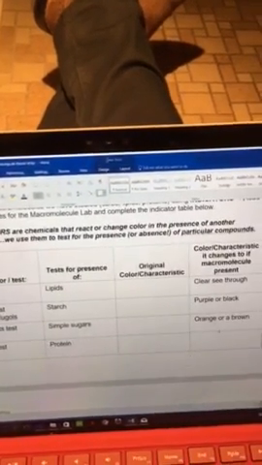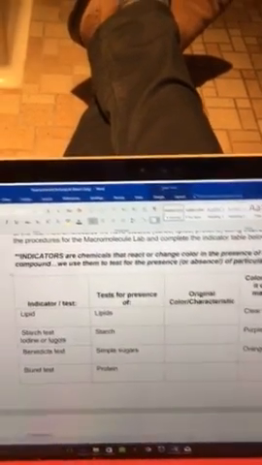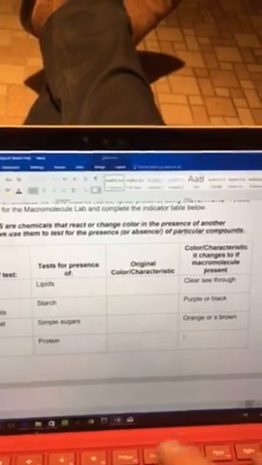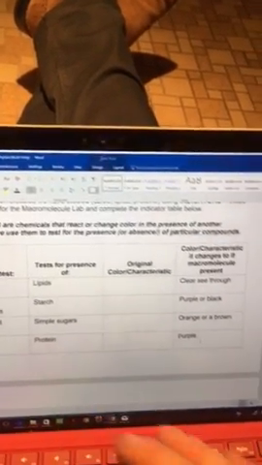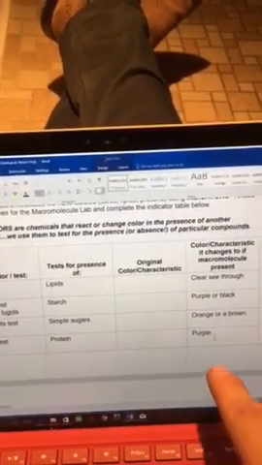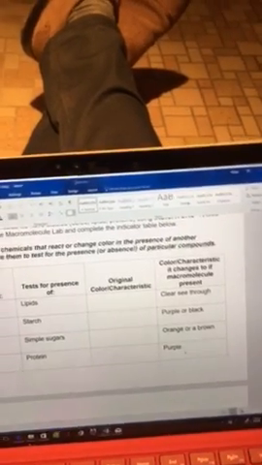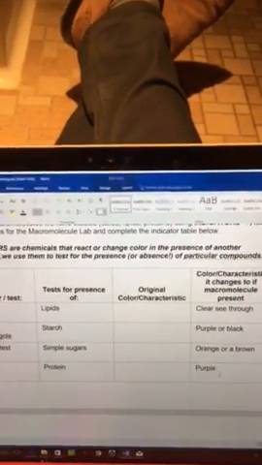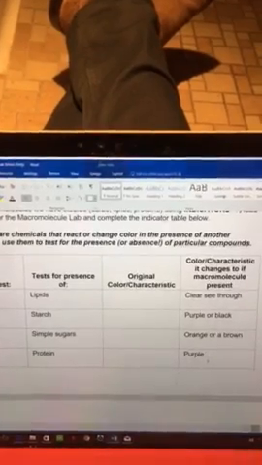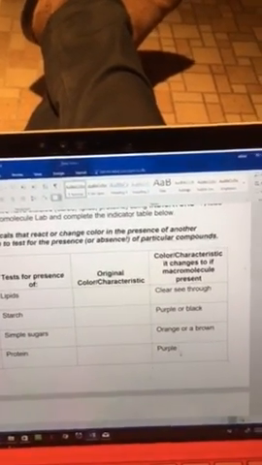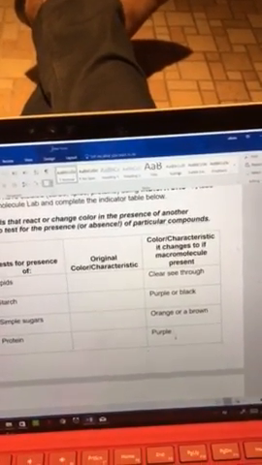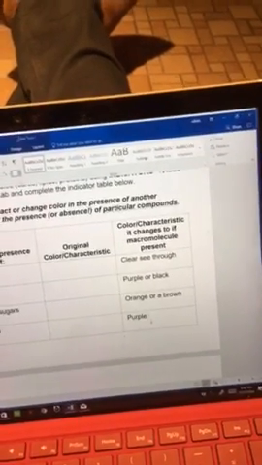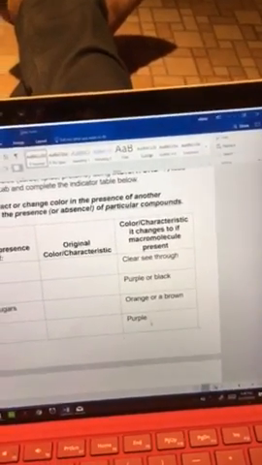The color that you're looking for is a purple or a violet purple. And you guys are doing these in the well. So if the substance, after you've done the Biuret's test, has a purple color to it, then it's positive for protein. If it has a yellow, a green, or an orange color, it's negative.